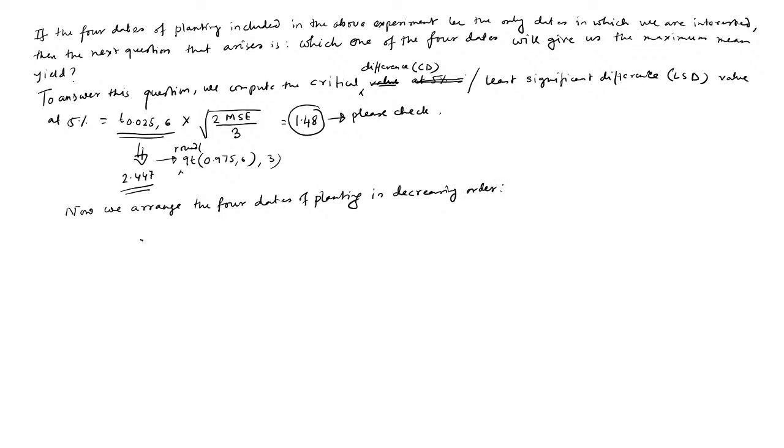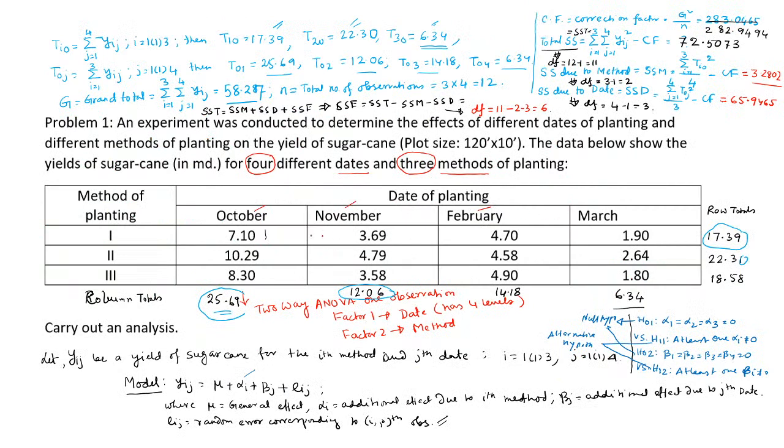First I get October, that is 8.56. We should write this here. We arrange the mean yield of sugarcane for the 4 dates. So this is nothing but, just go to the slide, this is 25.69 by 3.